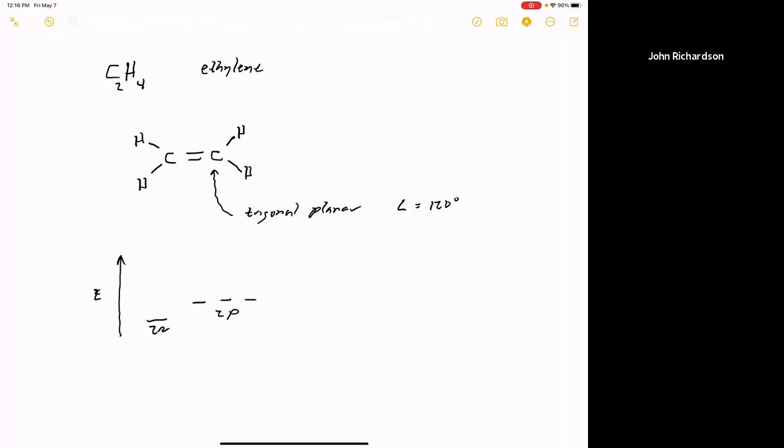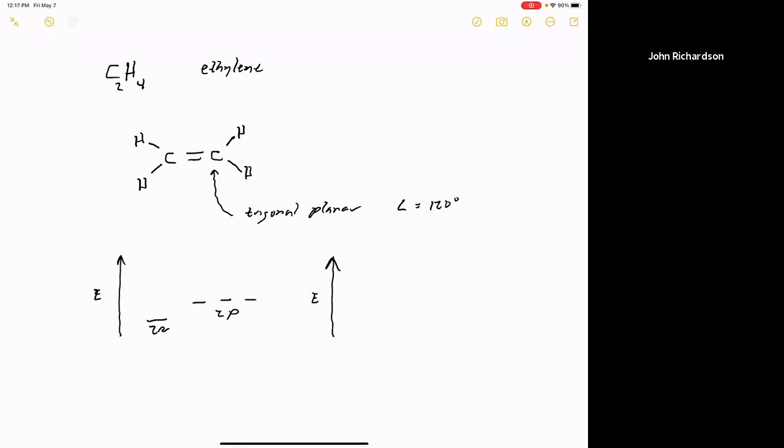Okay, so the thing I want to think about when I go to the hybridized situation, which is what I have here on the right, is how many bonds I have to make out from that carbon to other things. So it looks like I need to make 3 bonds. I've got a carbon bonded to a carbon, but the carbon's also bonded to 2 hydrogens. So that defines how many hybrid orbitals I have to make. I need 3.